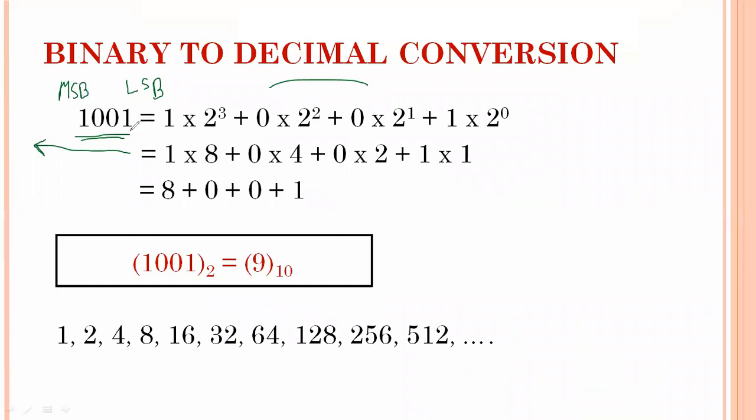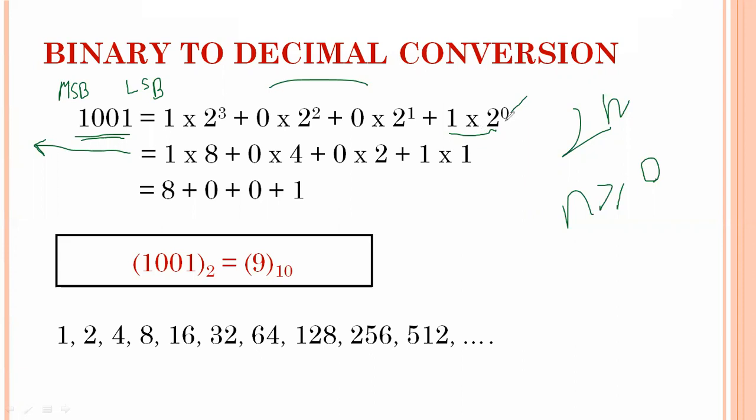Now 1 will be multiplied with the base of the number system starting from power 0. Here it is 2 raised to power n, where n is greater than or equal to 0. If we have a fractional part, then n could be less than 0.